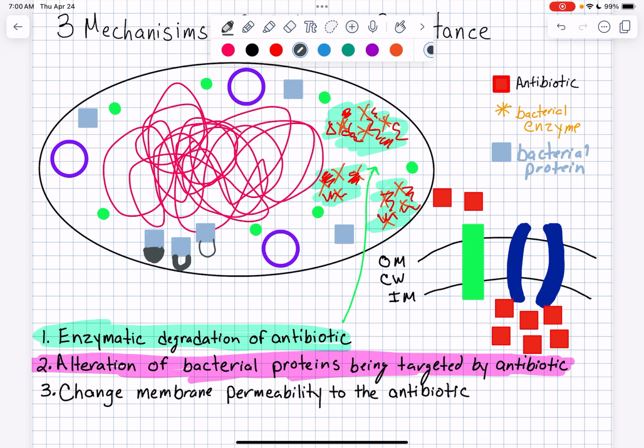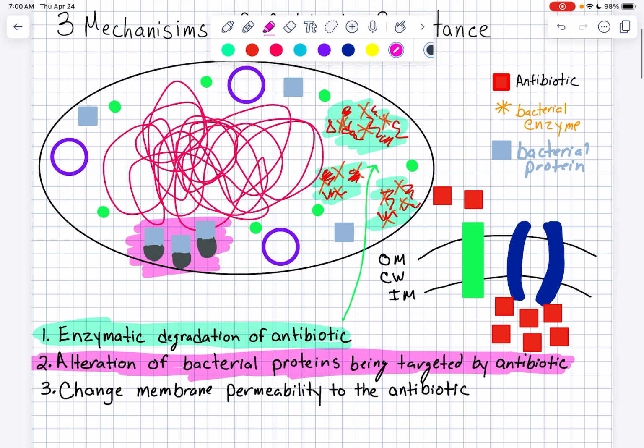Now my shape is different. My structure is different. It's looking for a certain folded protein, but instead it sees these test tube looking things instead of the squares it's expecting. Because of that, the antibiotic is no longer able to recognize its target. And the bacteria can still make those proteins that are essential to its survival, growth, and reproduction, and the antibiotic is no longer effective.